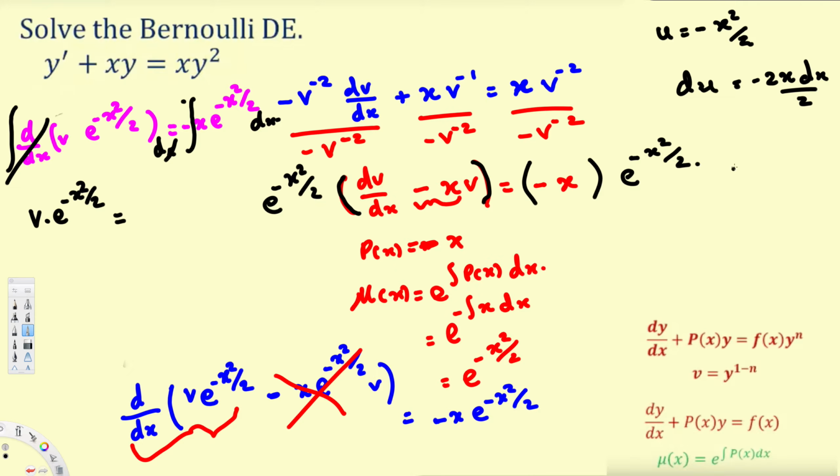And if we write everything in terms of u, we are going to have e^u du. So when you integrate, that's going to be just e^u plus constant, and we know that u is minus x²/2, plus constant, and that's it.